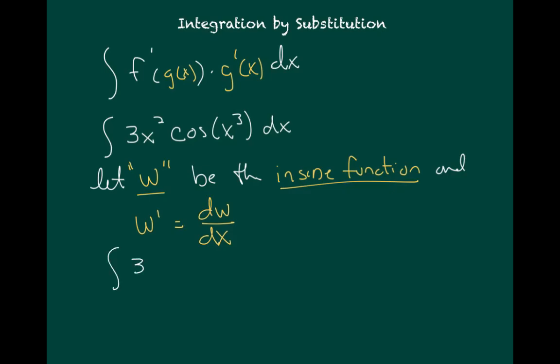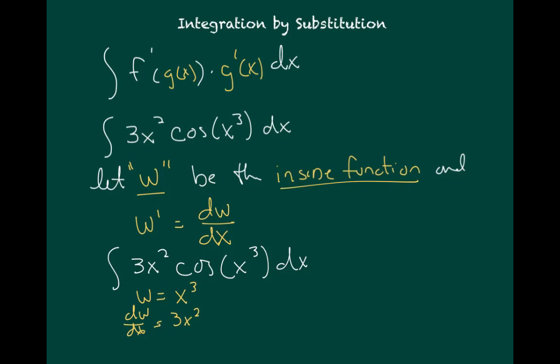Let's just start it at 3x squared times the cosine of x cubed, like we had originally. But then underneath, I say w equals the inside function x cubed, and w is always going to equal the inside function. Then dw dx, which is w's derivative, equals 3x squared.